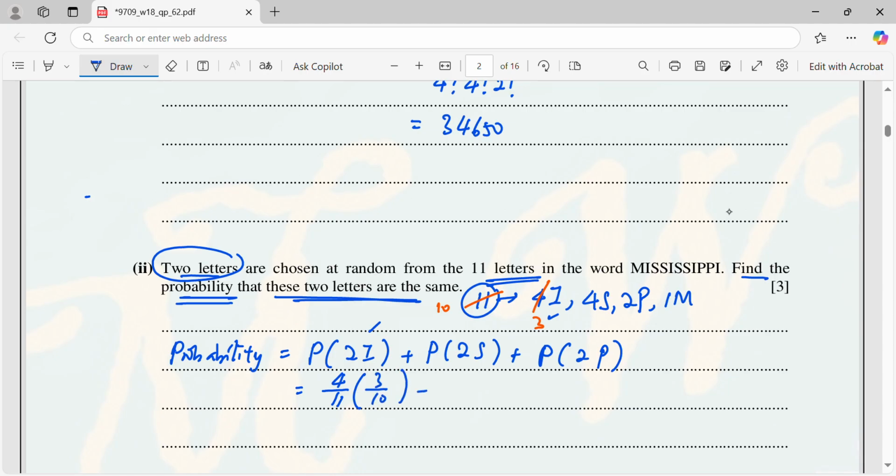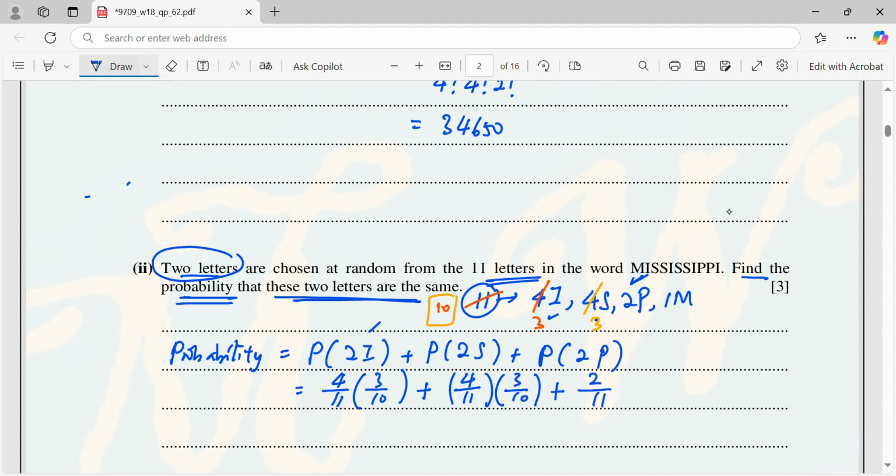Okay, plus, now to get the S, at first I have 4, therefore 4 out of 11. And after you have chosen 1 from the S, here left 3, and the total left 10 now. Therefore, it will be 3 over 10, which is same as the previous calculation. And lastly, to get 2 P's, at first you only have 2 P's, therefore it will be 2 out of 11.